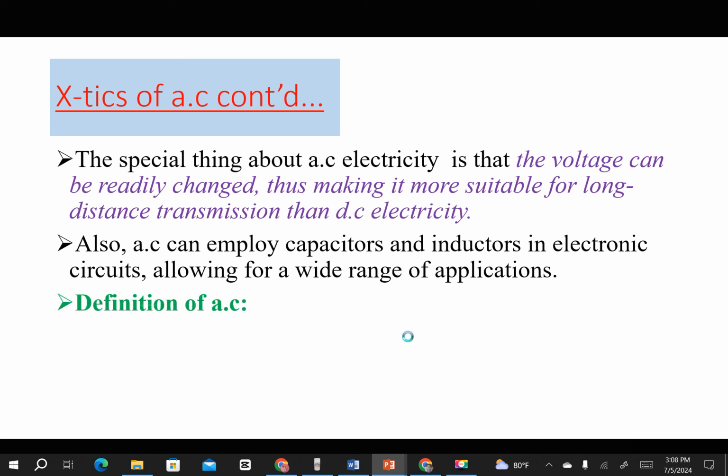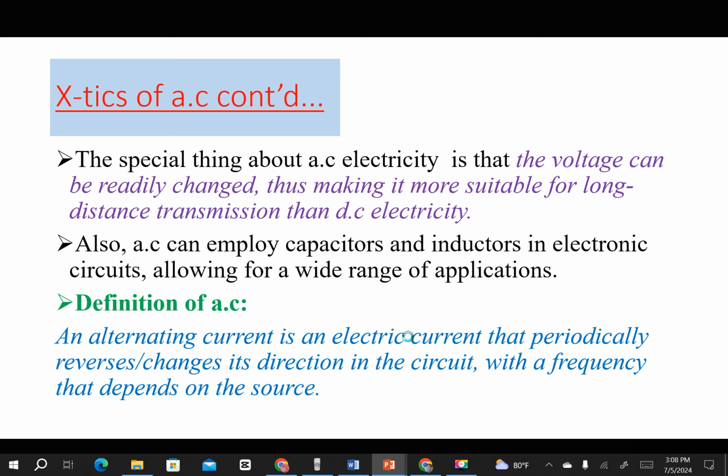So in our definition of alternating current, we shall define alternating current as an electric current that periodically, and when I talk about periodically, it means over a certain specific period of time, reverses or changes its direction in the circuit with a frequency that depends on the source.